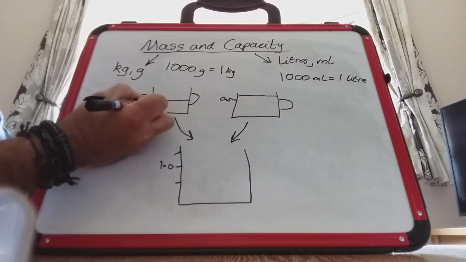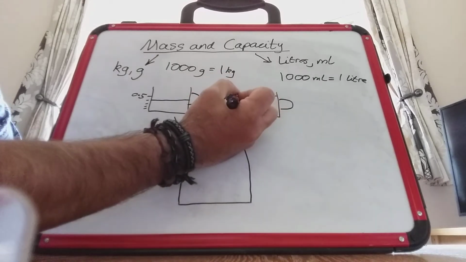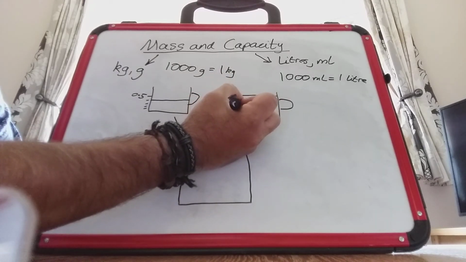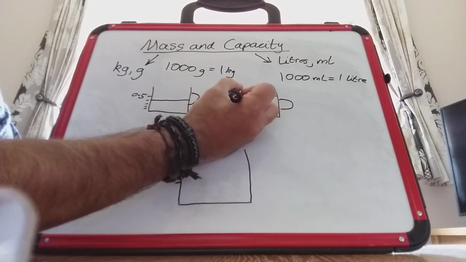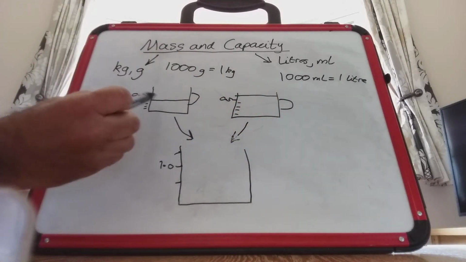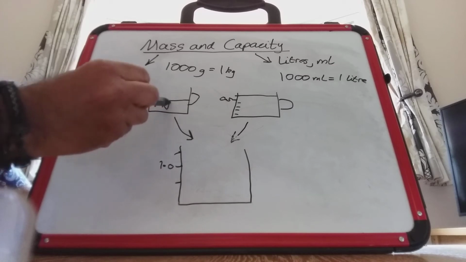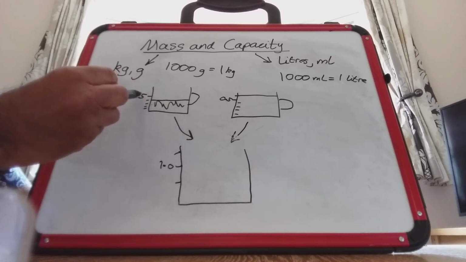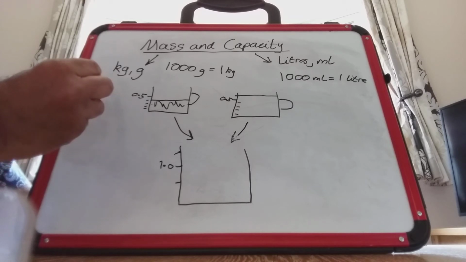Now on this scale we can see that in this cup there is less than 0.5 of a litre, which is 500 millilitres, by the way.